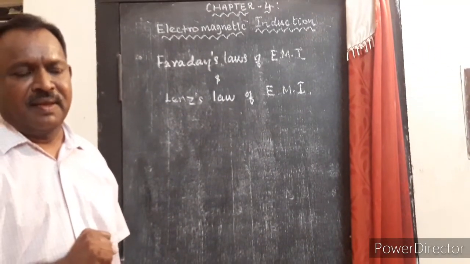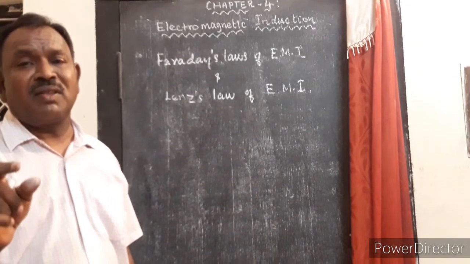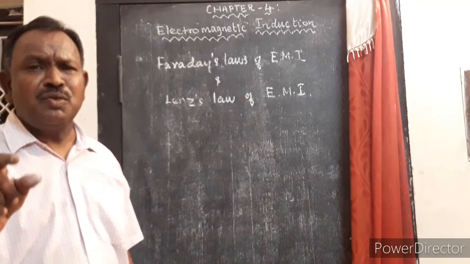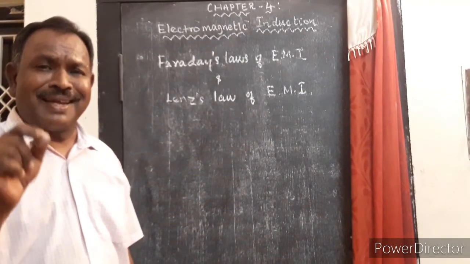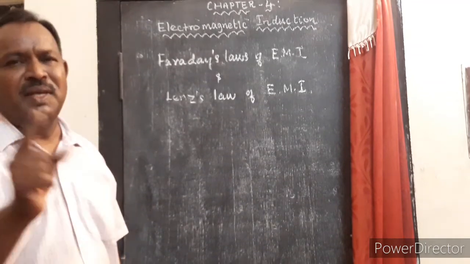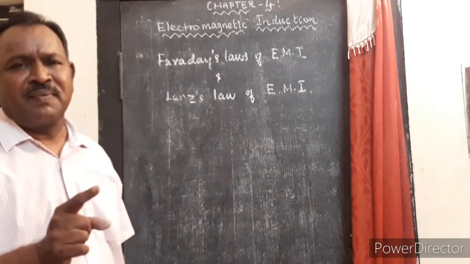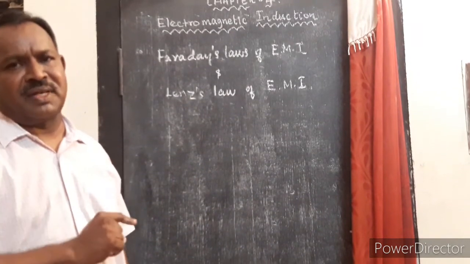This is the first law. Second law: the magnitude of the induced EMF, or the amount of induced EMF, is directly proportional to the time rate of change of magnetic flux. These two laws are called Faraday's Laws of Electromagnetic Induction.